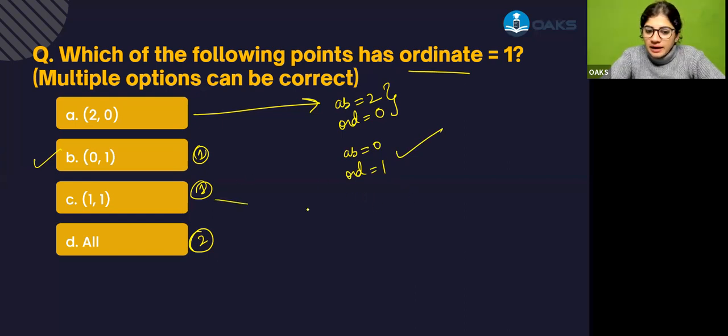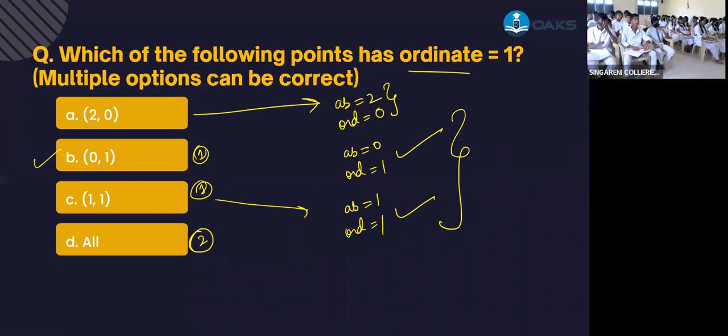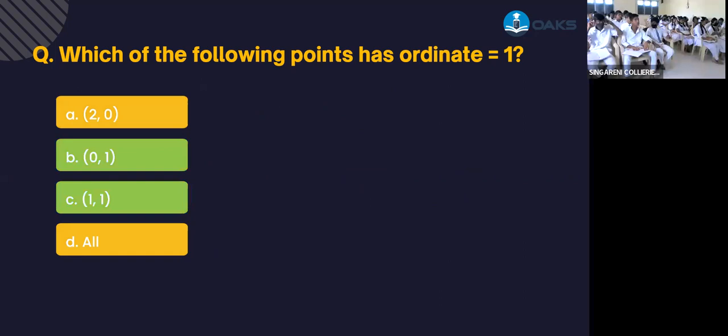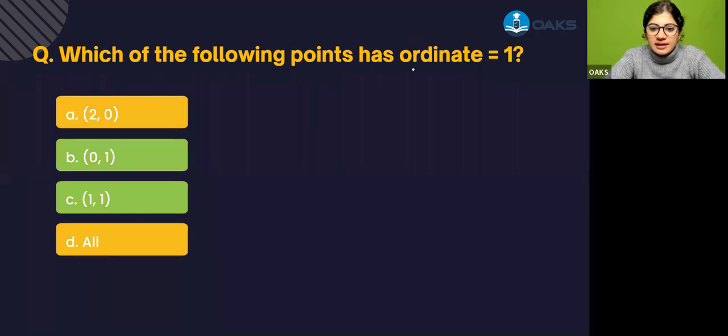In the third part, I have abscissa equal to 1 and ordinate is also equal to 1. So this is also my point. So these 2 points are correct options. Everybody understood? Yes, madam. So 2 options are correct, B and C. Okay, this is the correct answer.